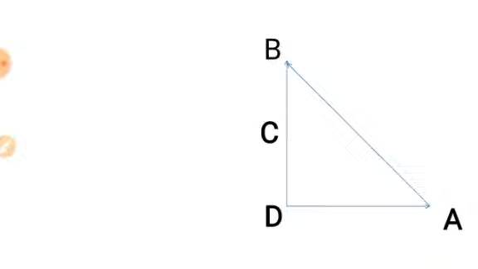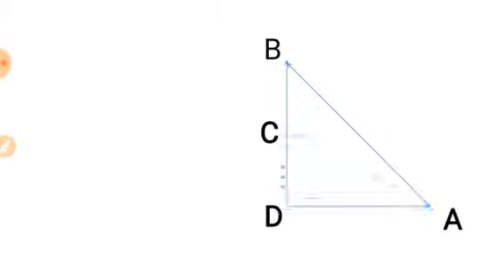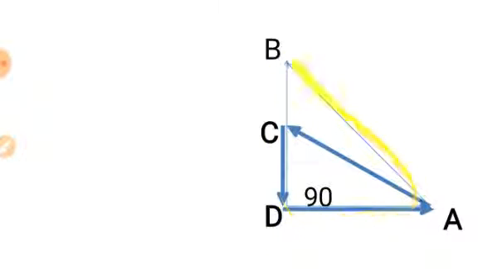Now we go to our calculation part. In the diagram with points A, B, D, we have two right angle triangles. The first one is ACD and the second one is the bigger ABD.